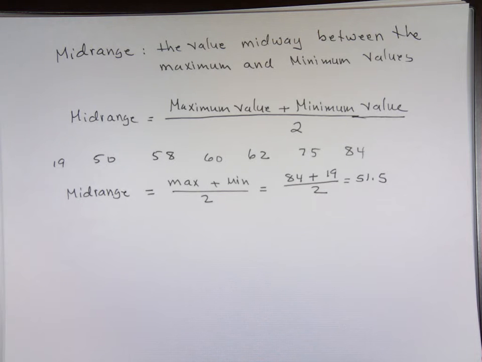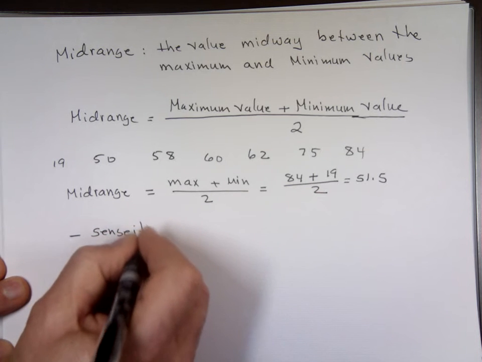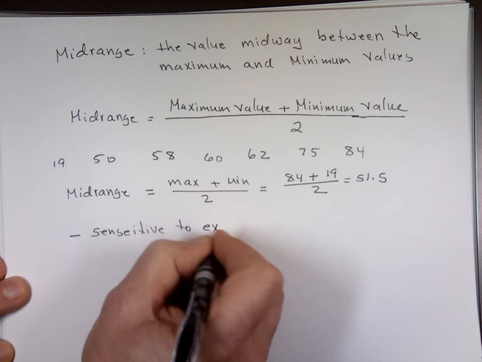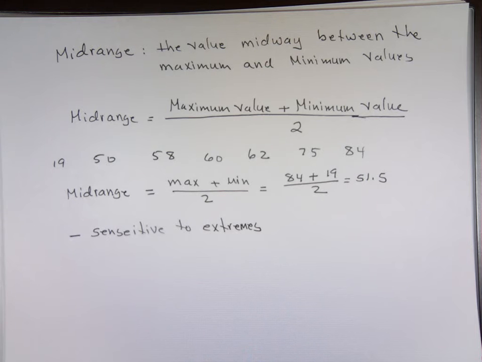Now let's look at this midrange. Is it sensitive to extreme values? If that number 84 goes to 100, does it change? So it is sensitive to extremes. If the low value drops to 0, this changes.